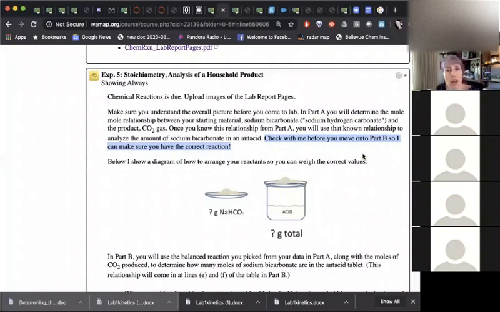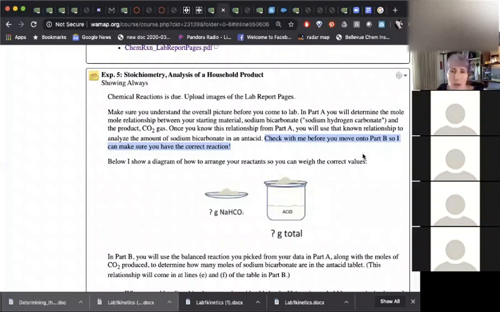We're going to find out how many grams we think it has. So we're going to do an independent verification. We're going to figure out how true the label is, how close we are to the label's claim. So that's how it all fits together. We're going to do part A one way, and then we're going to use the results in part A to figure out part B.